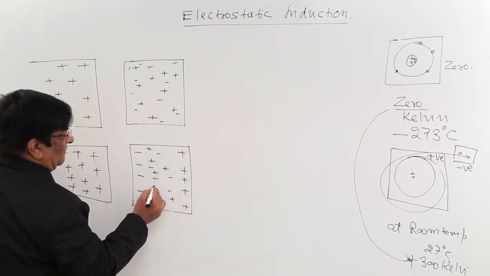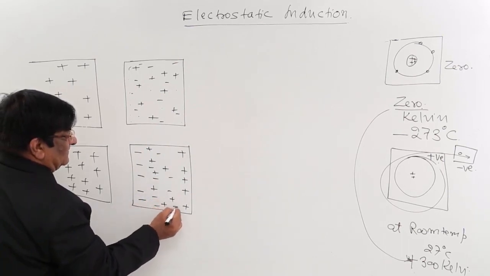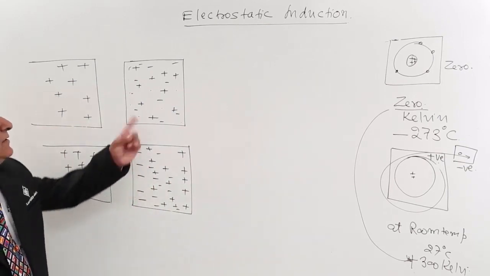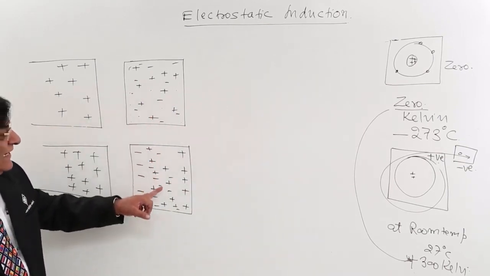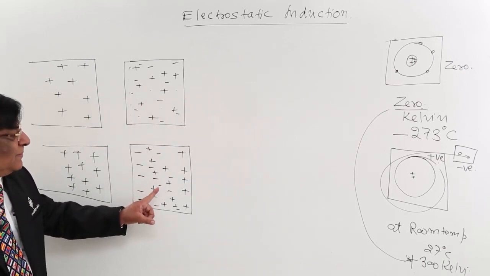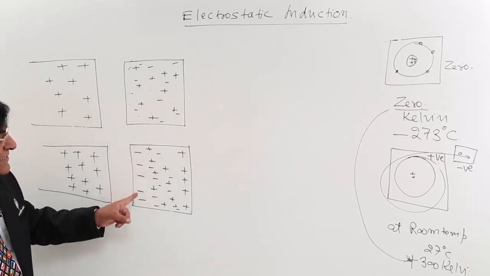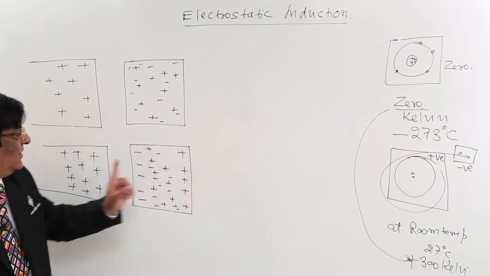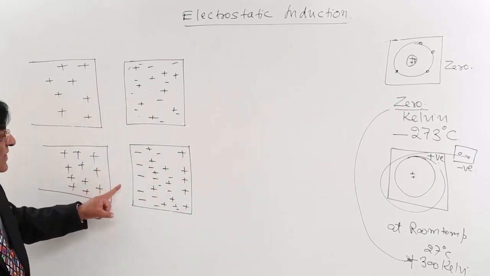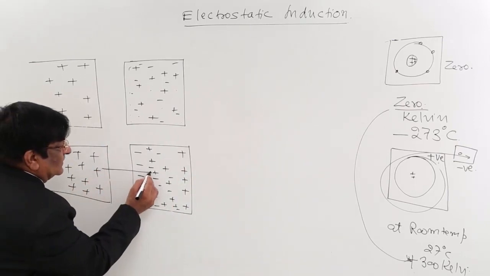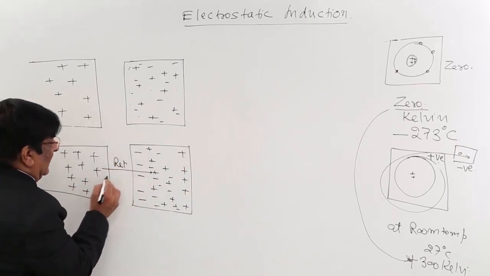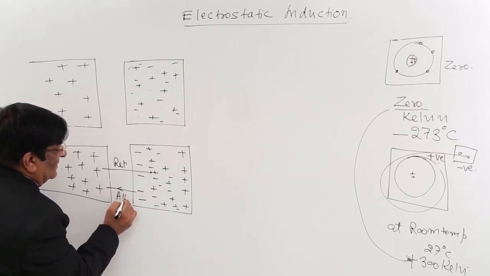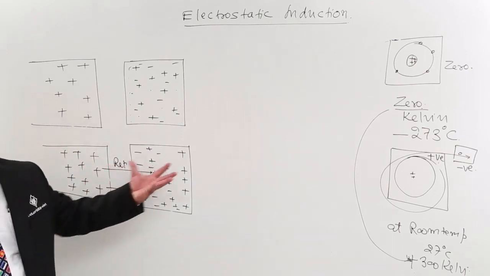So this is what we have all around. There is no effect on all the charges, but electrons, that is negative charges, try to spend more time on this corner, and positive charges try to spend their time on this corner because of this repulsion of positive. This is repulsion and this is attraction. So this is what happens.